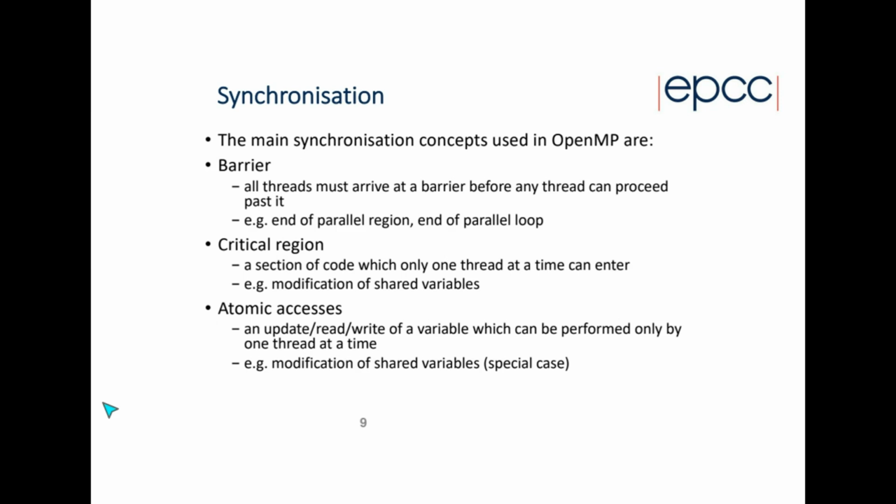The one-liner here is that atomics are a special case. They only apply in certain situations, but where they do apply, they can be much more efficient than critical regions. So I'll leave it at that for now until we revisit it in later lectures.